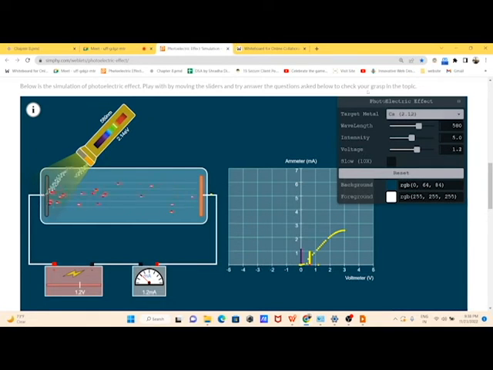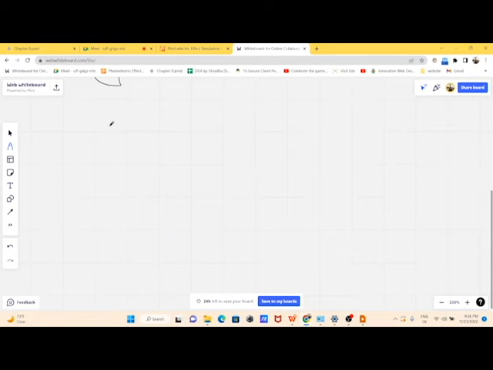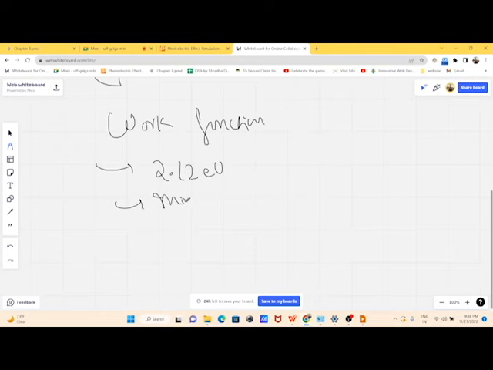Cesium needs 2.12 electron volt, the minimum energy required to eject an electron.